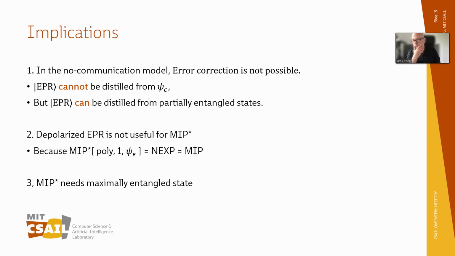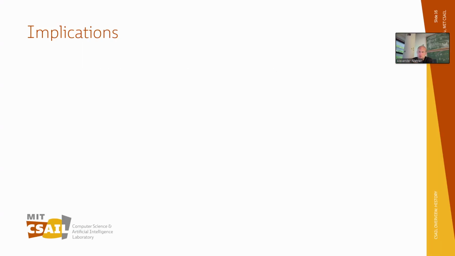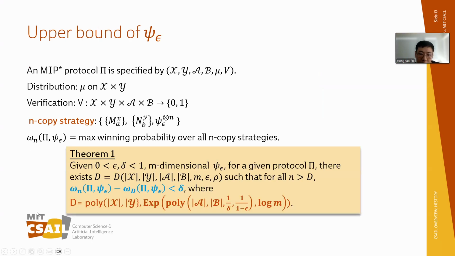Does epsilon have to be literally 0, or would it suffice to be doubly exponentially small? No, I think literally 0. If epsilon is 0, you have an EPR pair, right? But what if it is like 1 over a busy beaver function of n? If you look at this result, it's 1 over 1 minus epsilon.